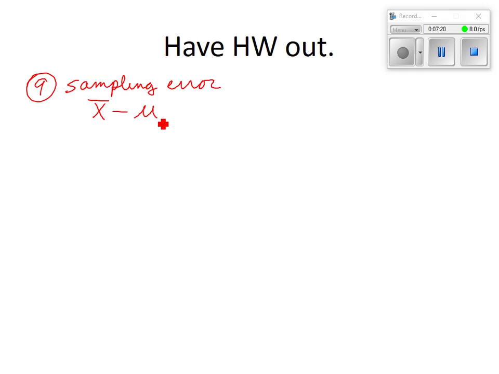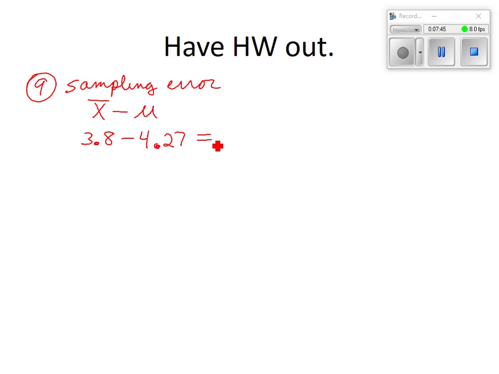So how much are we off from the actual mean? Looking at number 9, what is X bar? What's the mean of the population? Guess what we do with those two? Just subtract them.